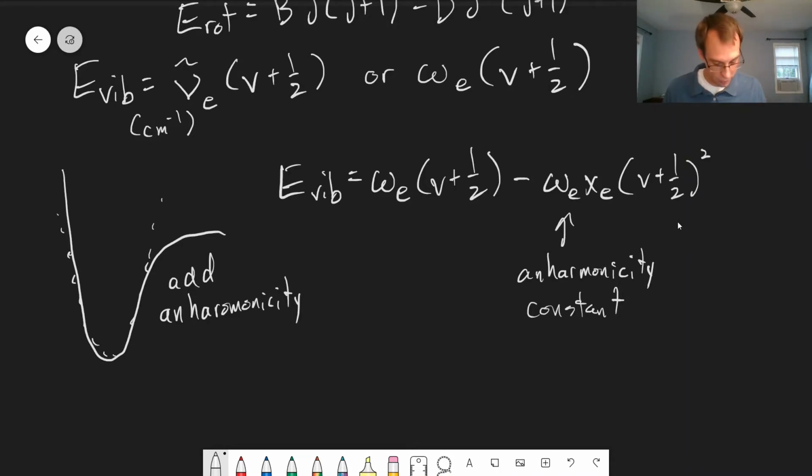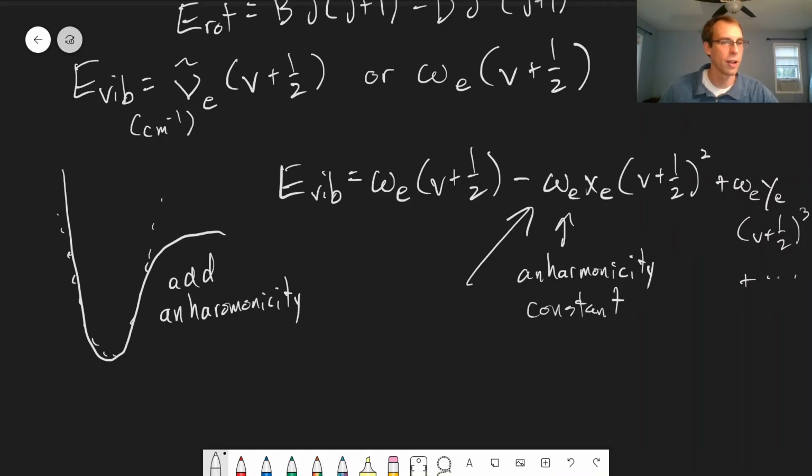And we can keep going. There's an ω_e y_e term times (v + 1/2) cubed, and you can keep going. This is somewhat like the perturbation theory approach where we can have first order, second order, third order. For our purposes, we'll mostly limit ourselves to the first order correction, the ω_e x_e correction. But you can go to higher orders to get a better handle on this. This essentially comes from applying perturbation theory to the harmonic oscillator.